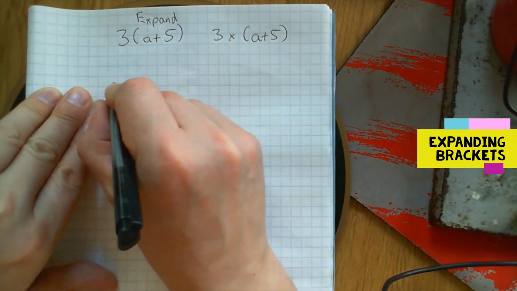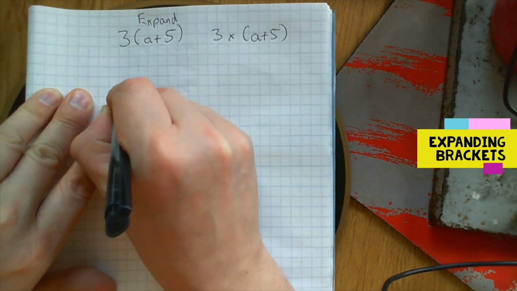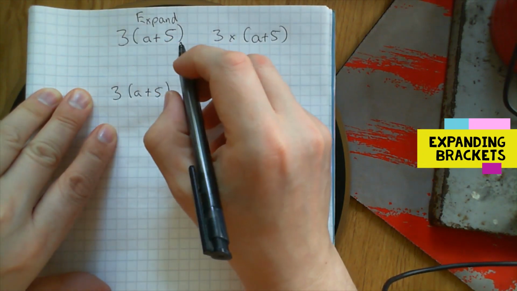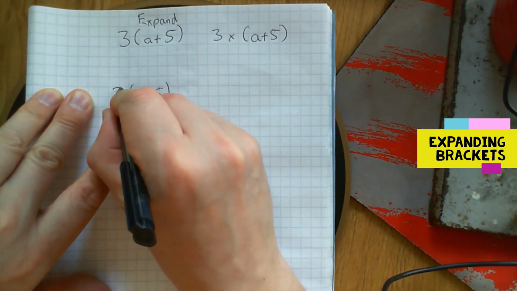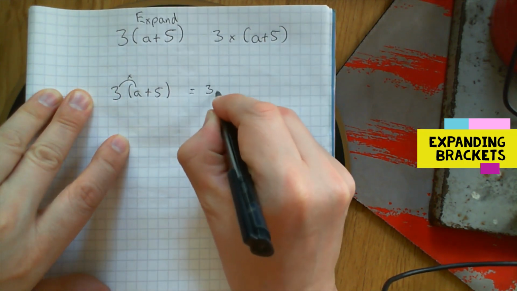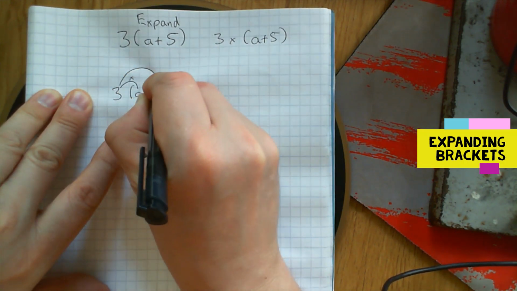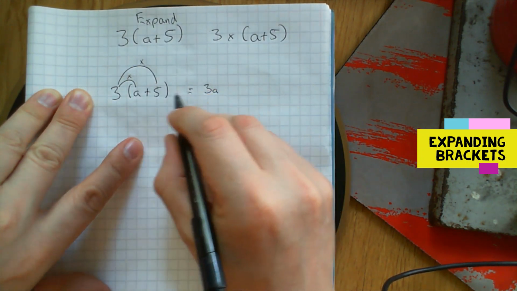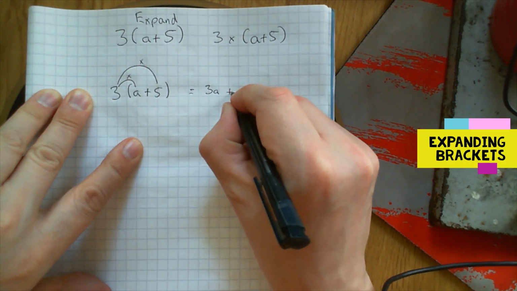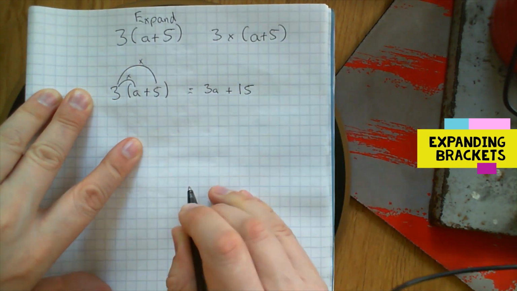This is method 1. I'm going to show you a second method in a minute. It's up to you which one you use. We're going to do 3 multiplied by A, which as we saw before gives us 3A, and then we multiply 3 times 5, which gets us plus 15.